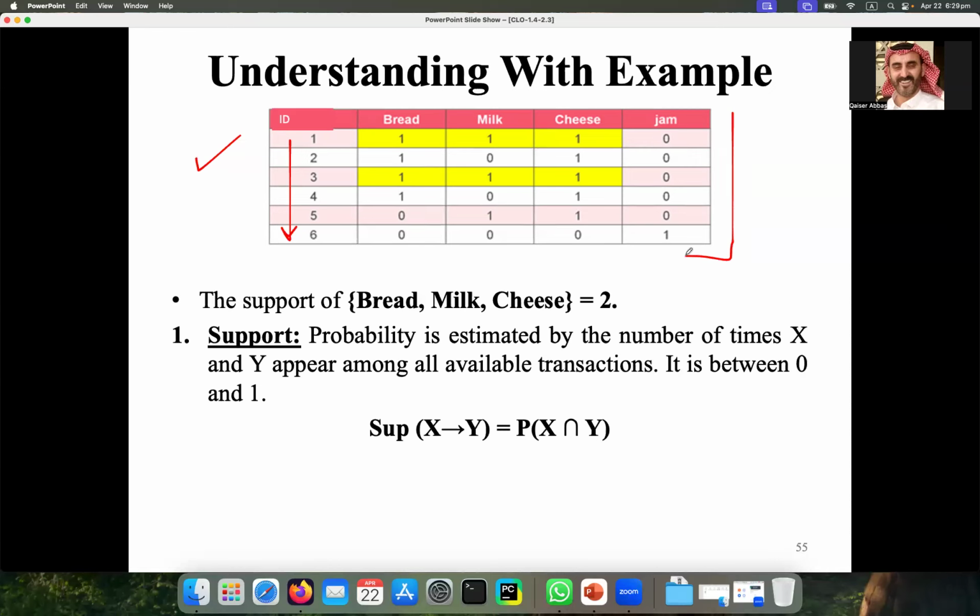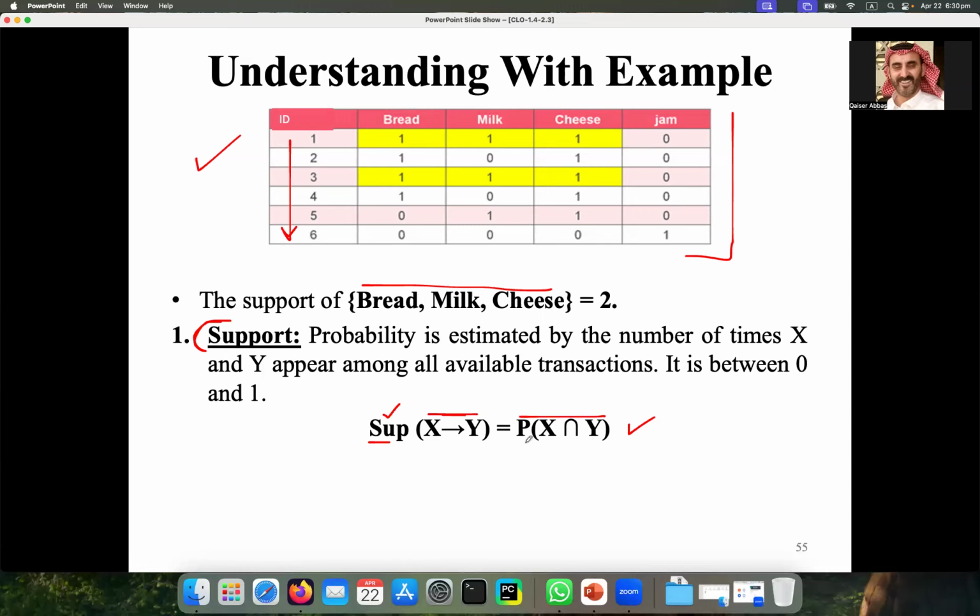And now we have to calculate the support of bread, milk, and cheese. I told you what support is: support is a probability value that you have to calculate, and the equation is given here. If you have some rule x implies y, you can calculate the support of x implies y using this right hand side.